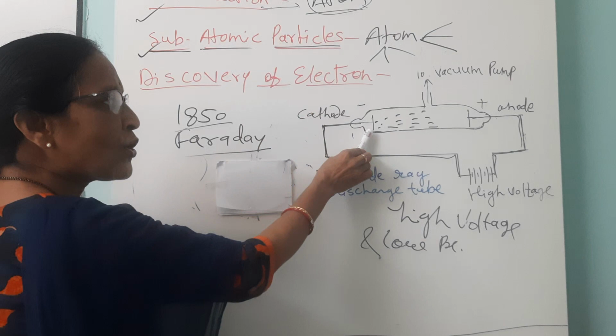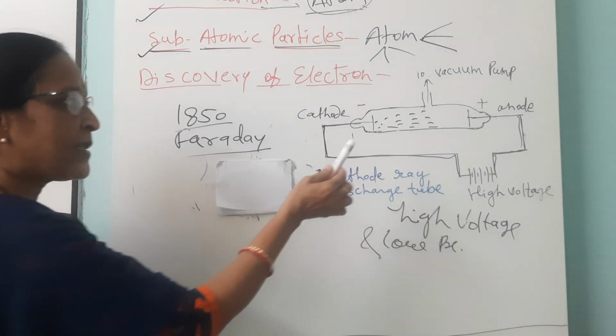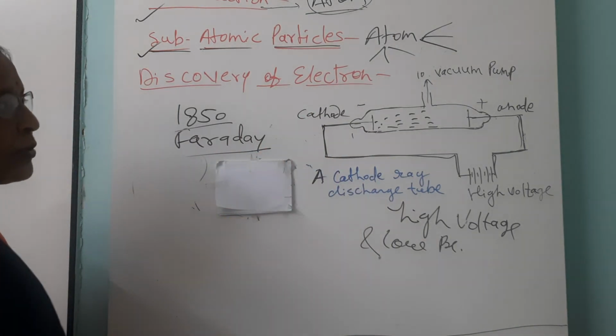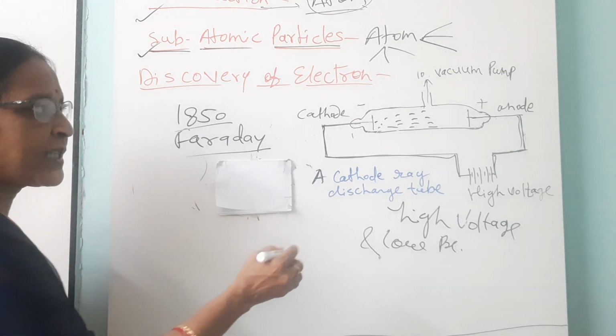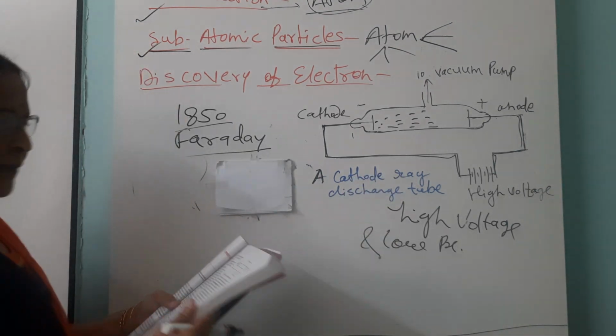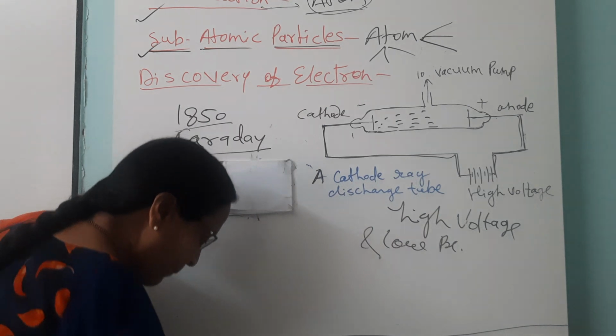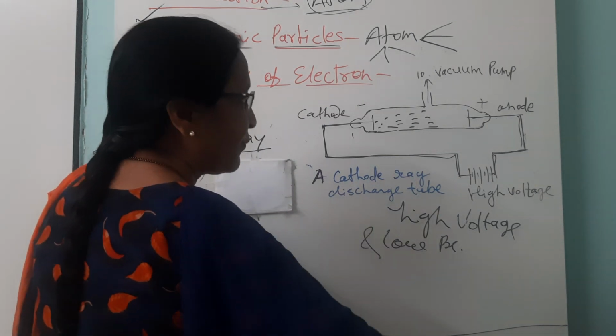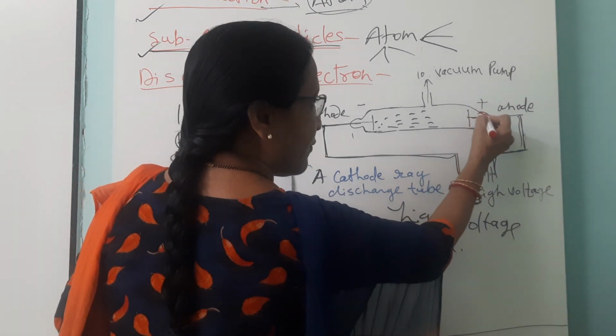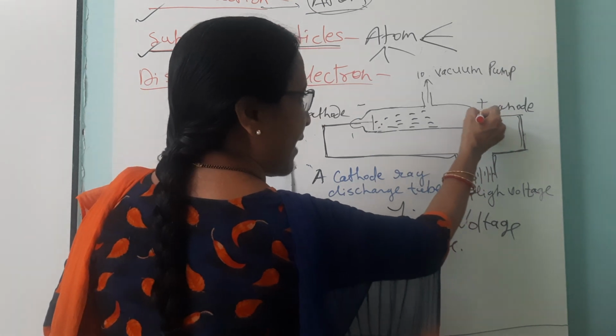Now for the presence of these particles, in our book a second diagram is given. In that diagram, at the end of the anode, some fluorescent material is kept.